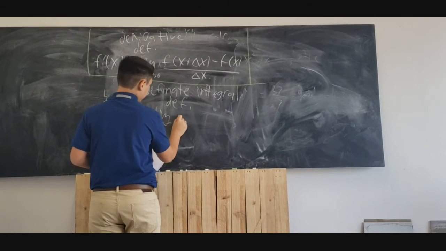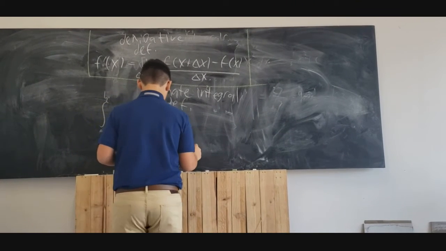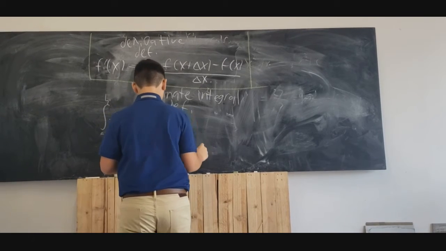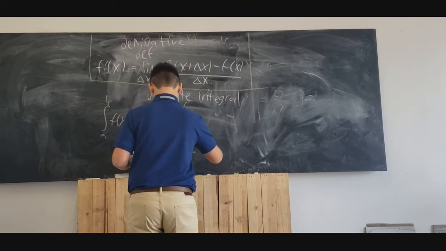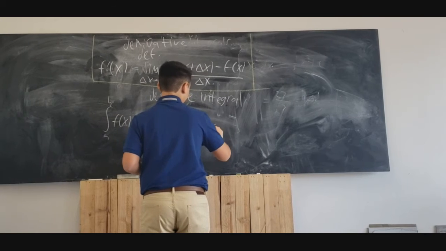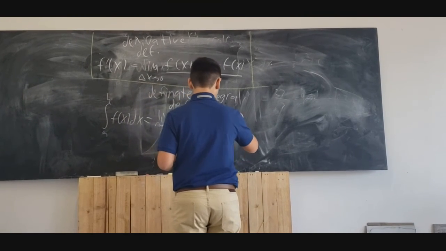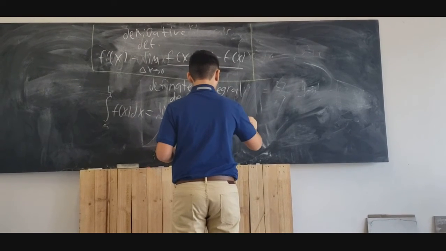sum of i to 1 and of f of xi times b minus a over n.